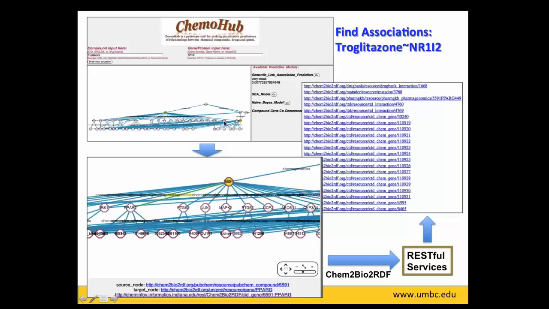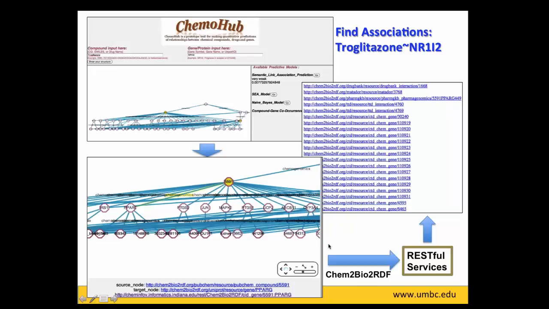This shows the network, and for each node and edge in this network, we will be able to click on it and find more detailed information through the Chem2by2RDF. We created some REST services to allow you to dig into the detailed information from the different resources, but it's through the Chem2by2RDF.